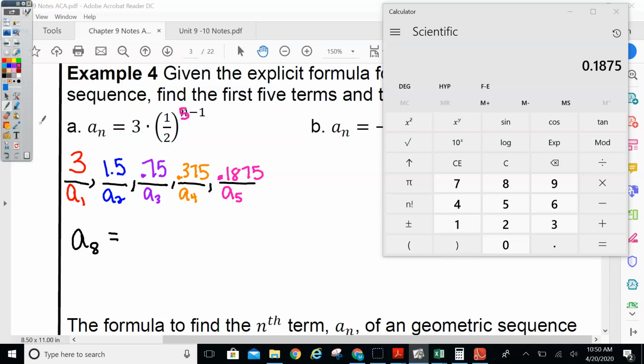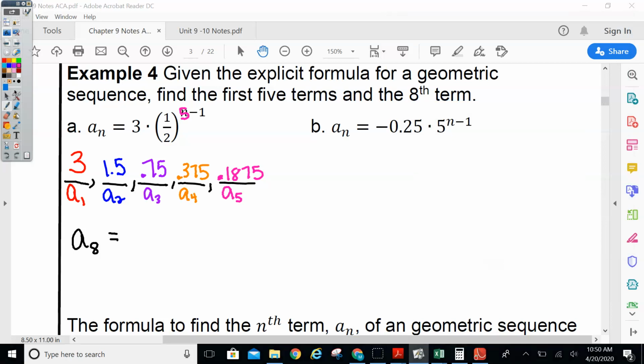So now for the last one, I'm going to show you how you would do it in the Inspire if you're going to do it that way. Okay, so we're going to do 3 times parentheses 1/2 exponent, and here we're going to do 8, since that's the number we're trying to find, minus 1.